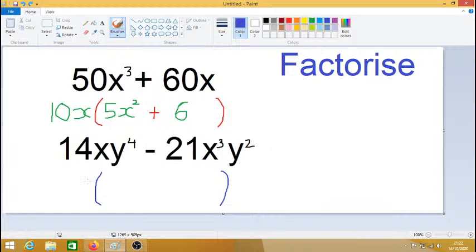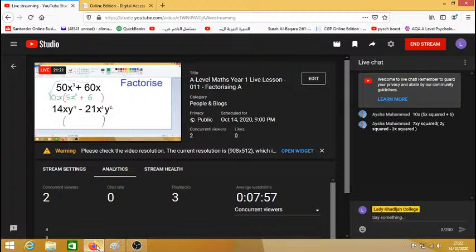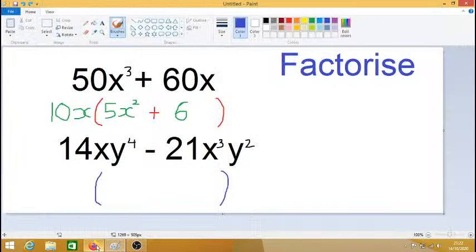we have the 14xy to the power 4 and the 21x cubed y squared. What's the common factor here? What factor can make both? Let's see if anyone's got... good, well done Aisha, very fast. So you're right on the common factor. We're going to need a 7 to make the 14 and the 21.